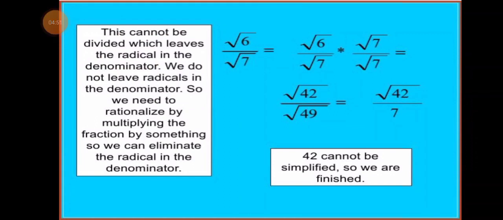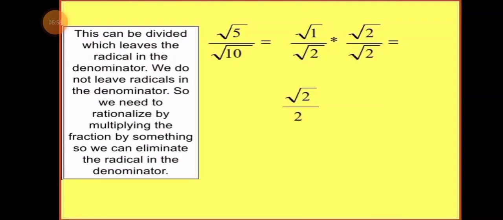Square root of 6 divided by square root of 7 equals square root of 6 over square root of 7 times square root of 7 over square root of 7, which equals square root of 42 over square root of 49, which is square root of 42 over 7. 42 cannot be simplified, so we are finished.